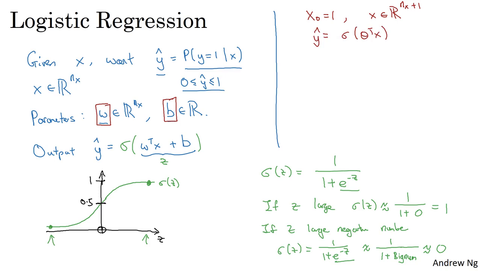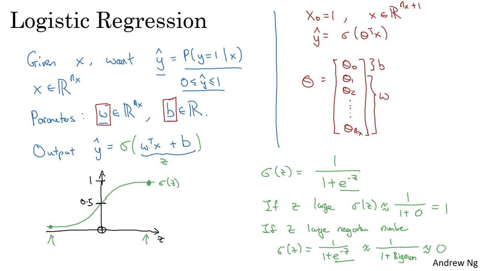In this alternative notational convention, you have a vector of parameters theta 0, theta 1, theta 2, down to theta nx. And so theta 0 plays the role of b, that's just a real number, and theta 1 down to theta nx play the role of w.